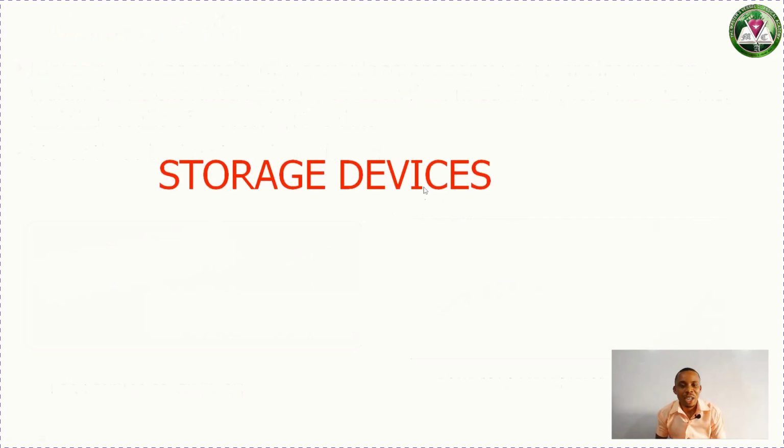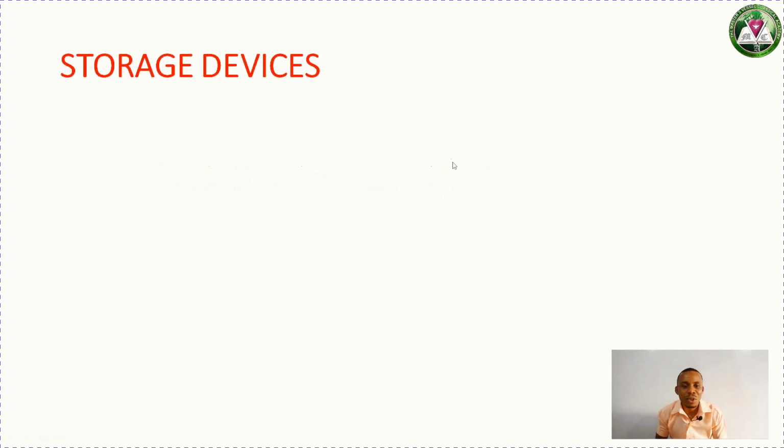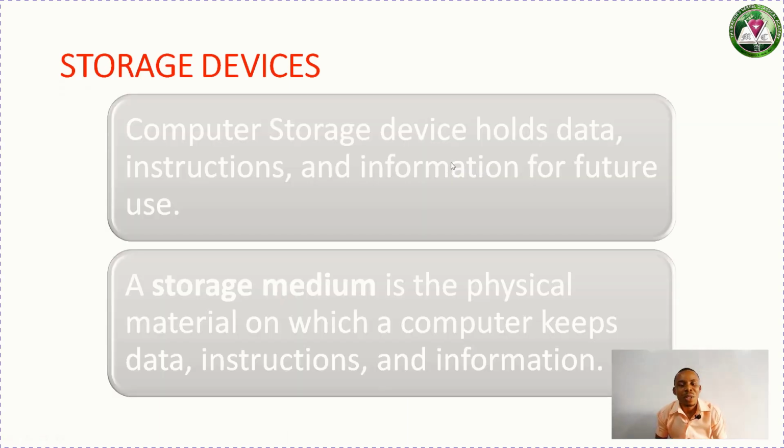Alright, let's forge ahead. Let's move over to storage devices. What is a storage device? We say that a computer storage device holds data, instructions, and information for future use. A storage medium is the physical material on which a computer keeps data, instructions, and information. A good example of a storage device is a flash drive.